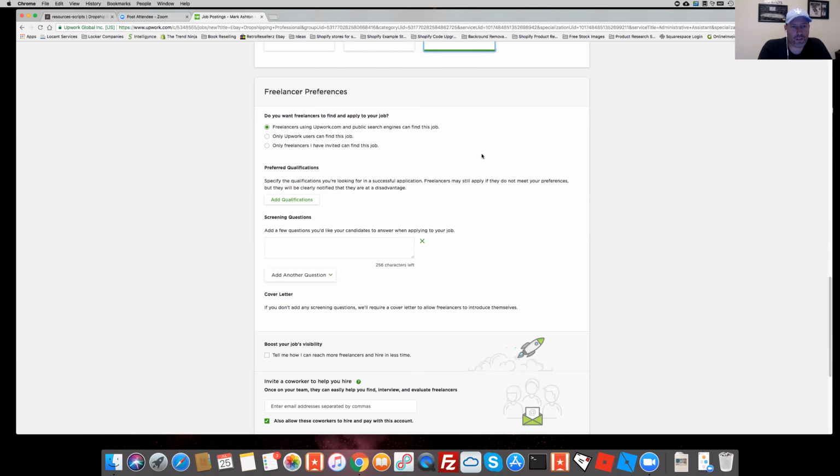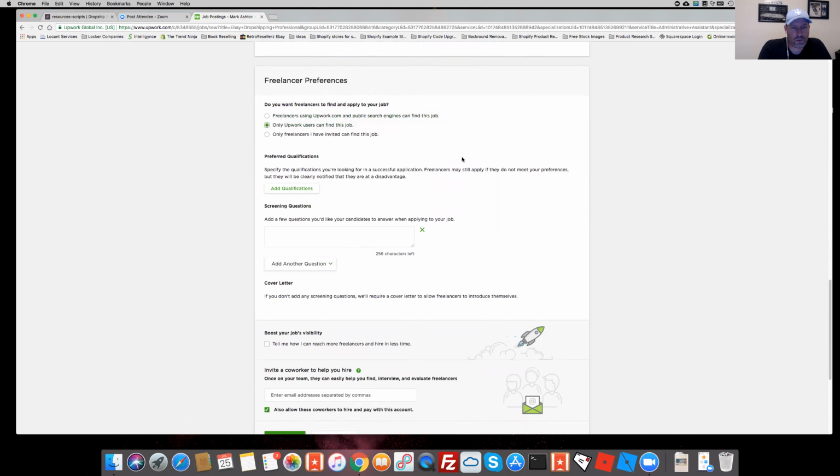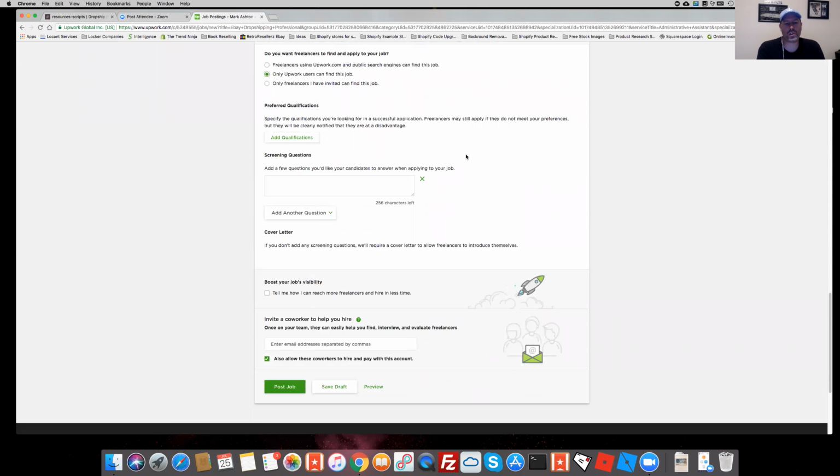Do you want freelancers to find? Yes, freelancers using Upwork, public search only. Upwork and public search engine, or just Upwork people? I would say just Upwork people. One of the reasons we're going through Upwork is the protection, because we pay through Upwork.